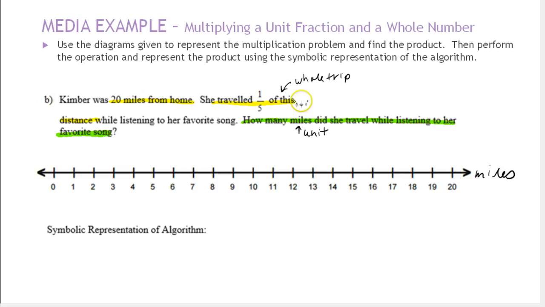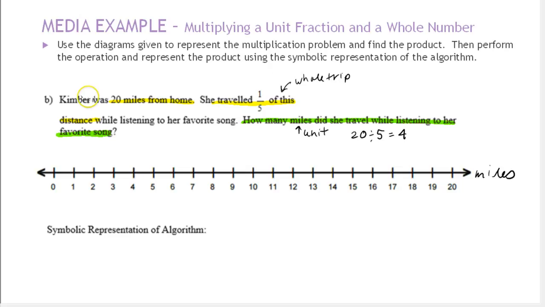That's her trip. 1/5 of this distance, so 1 for every 5 miles. Okay, she was listening to her favorite song. So let's think of this as taking our 20 and dividing it into 5 equal parts, and then each equal part would have length 4.